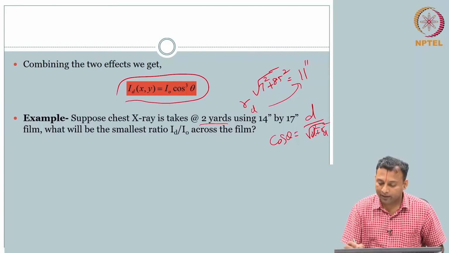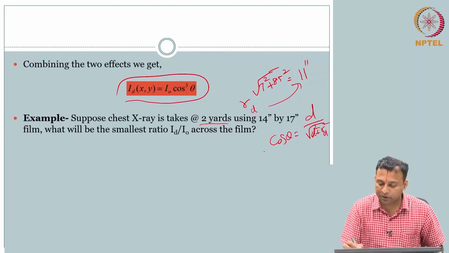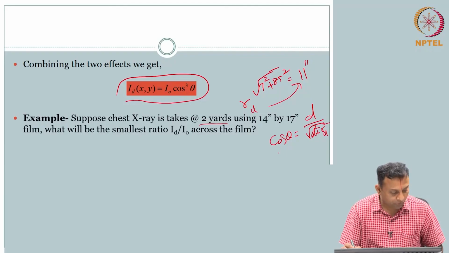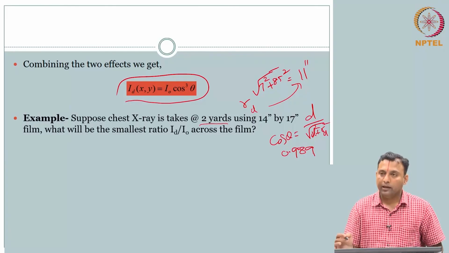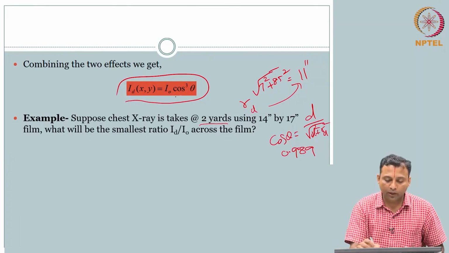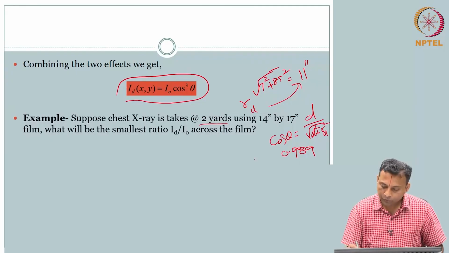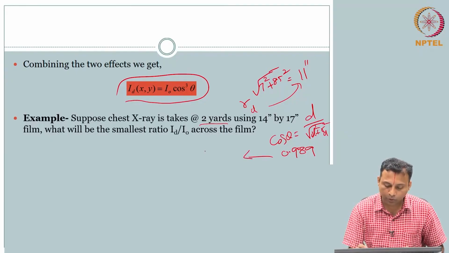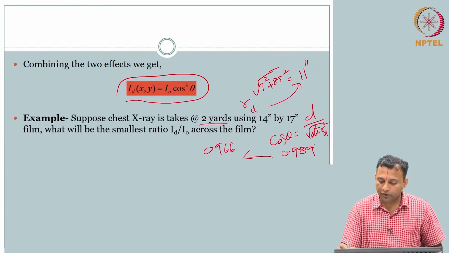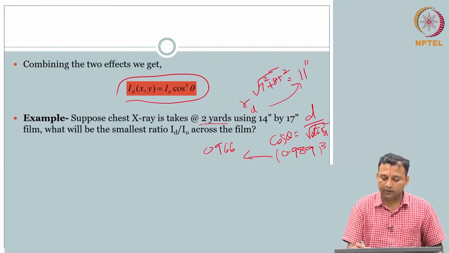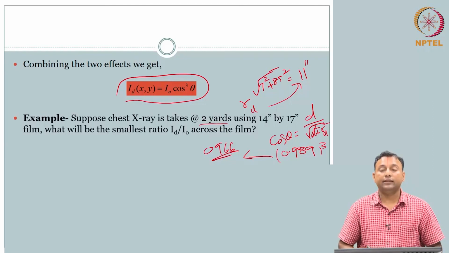So, you can get that, and if you substitute, you will get a value to be around 0.989, but that is cos theta. What we want is cos cube theta. So, that turns out to be about 0.966. So, cube of this is this. This is the ratio that is asked.